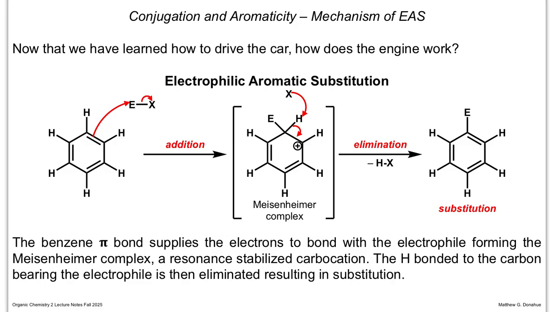Notice the carbon hybridization here. We start off as sp2. In the transition state, it's sp3 because it has 4 sigma bonds. And then the elimination restores that pi bond and gives us the aromaticity.